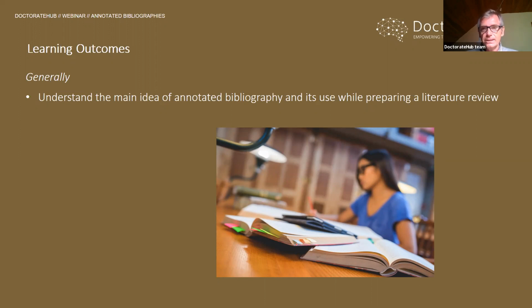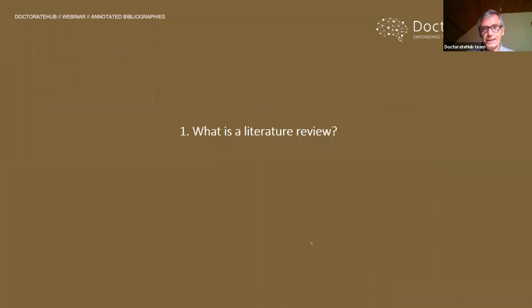So what I want to say is you have to understand and know everything about the literature dealing with your research area and your topic. So I prepared 2 slides about a literature review, and how we can relate that to annotated bibliography.